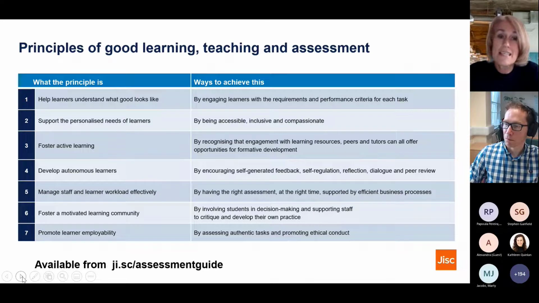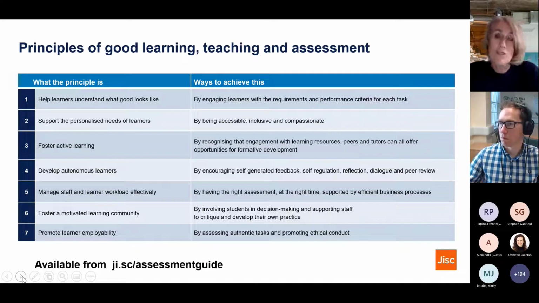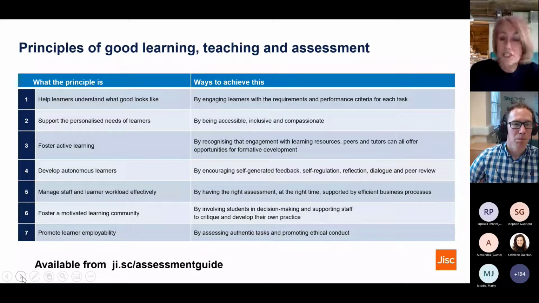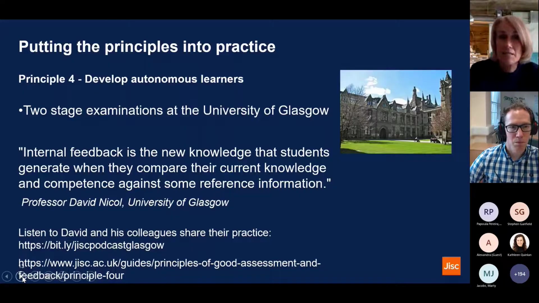I'd also just like to say that it's also important throughout the process to really think about the ways in which students are involved in working together to help shape and design some of the underpinning concepts within the university in relation to good learning, teaching and assessment.